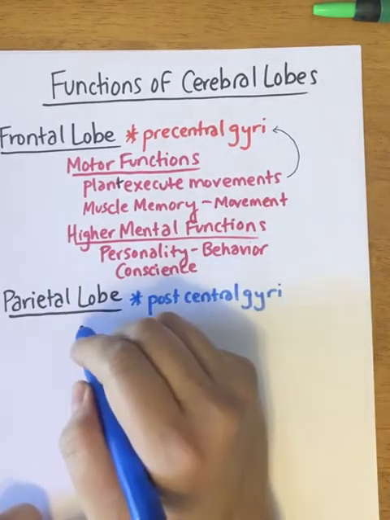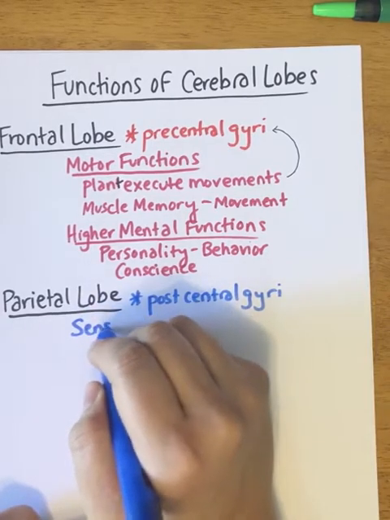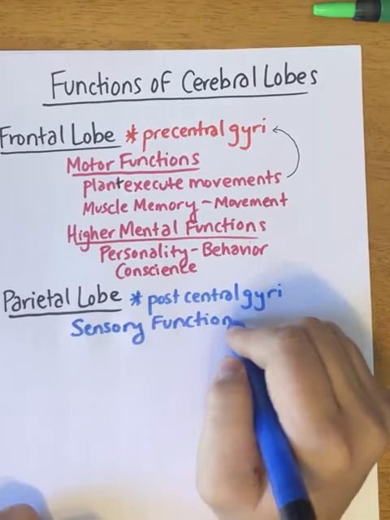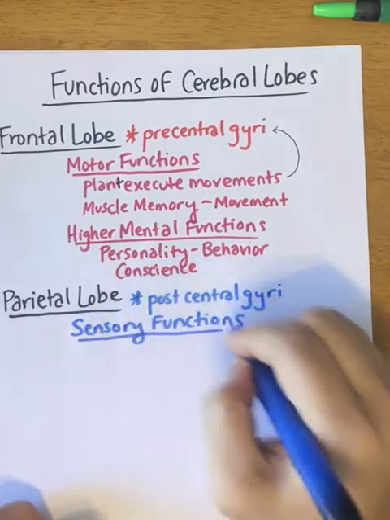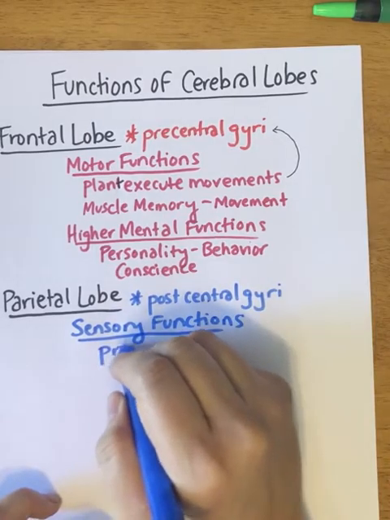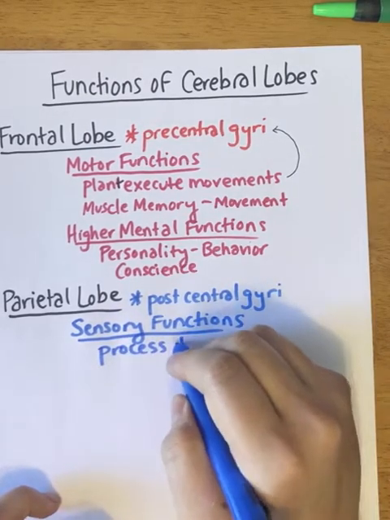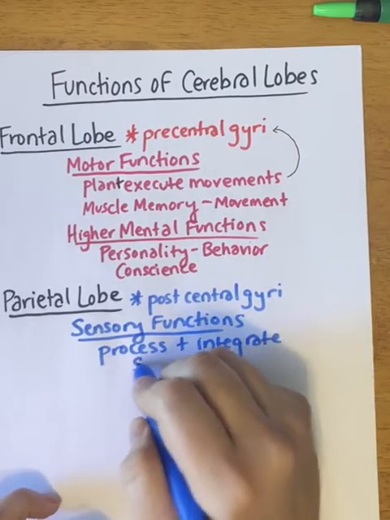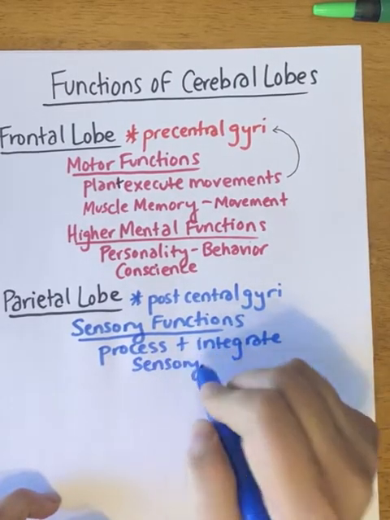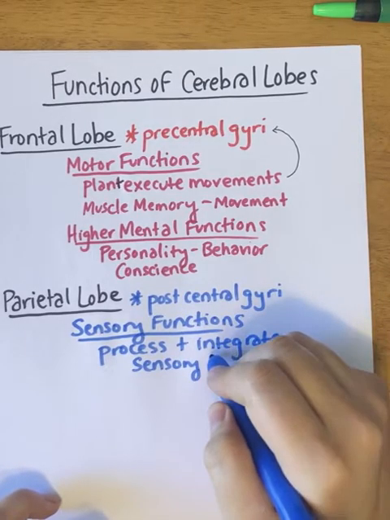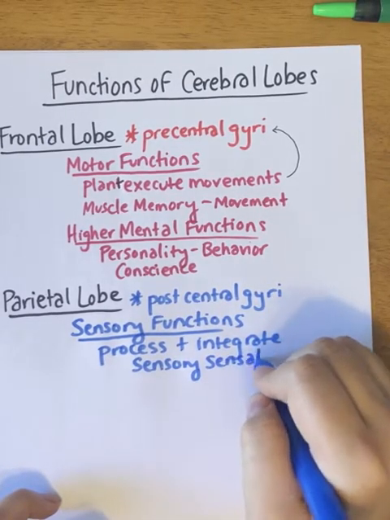So your parietal lobe is going to have sensory functions. When I say sensory functions, it's basically going to help you process and integrate sensations. Now, we have to be specific on here.